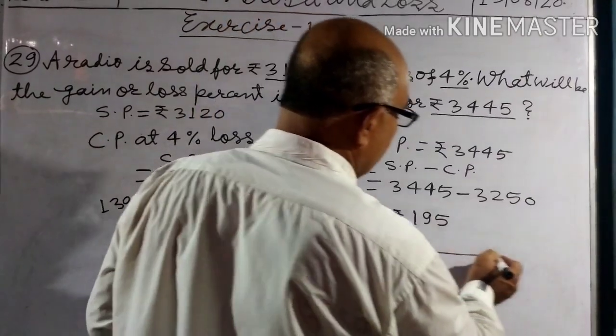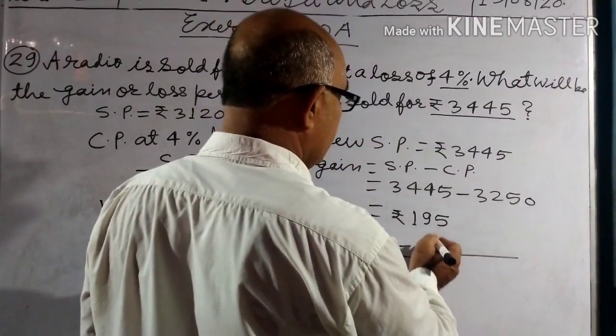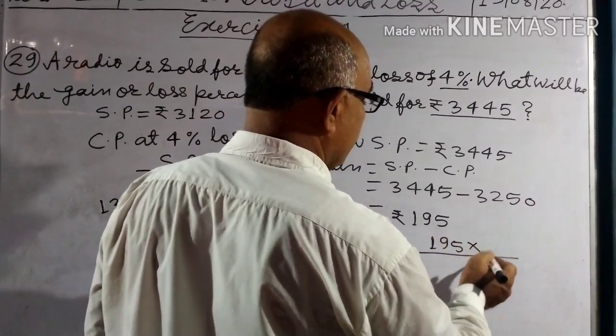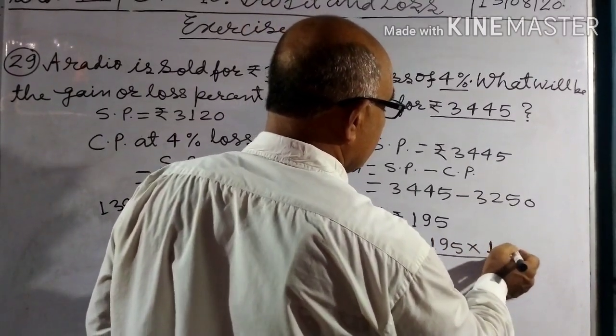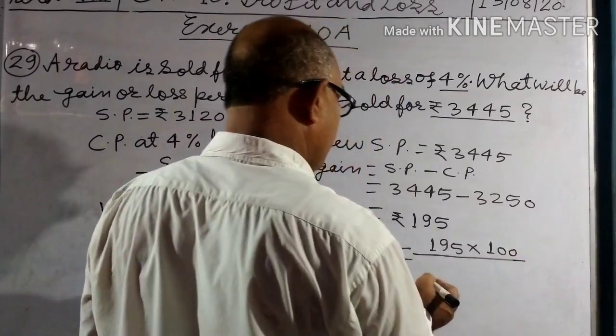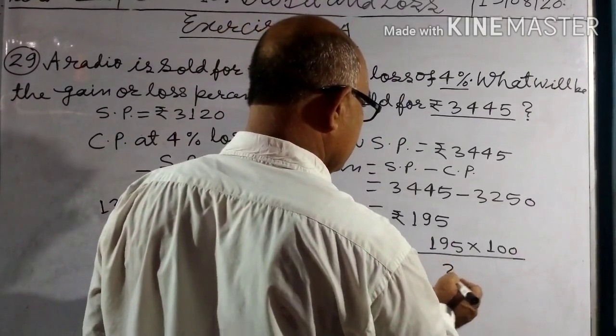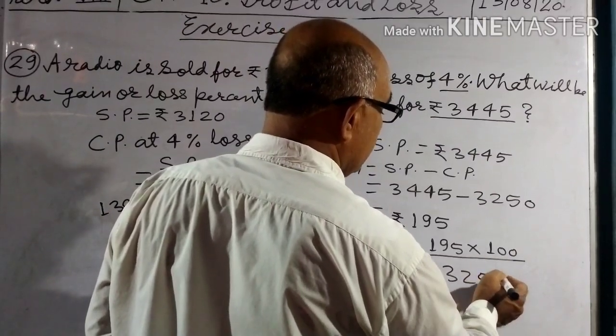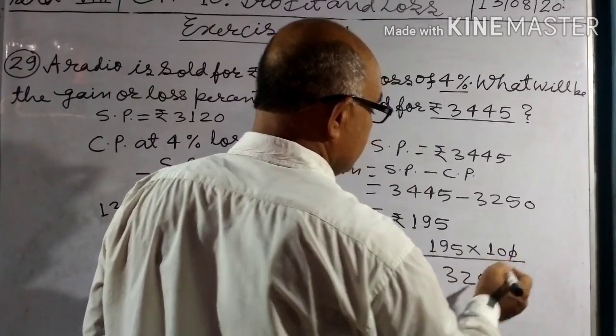Gain percent equals gain into 100 by CP. So 195 into 100 by CP 3250. 0 to 0.